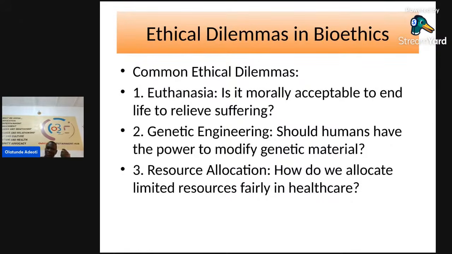Oh, we don't have enough, just take 20 to this community, but in that place, just give them five or give them one. No. Resource allocation, how is it going to be bioethically acceptable in terms of allocation of limited resources in healthcare?